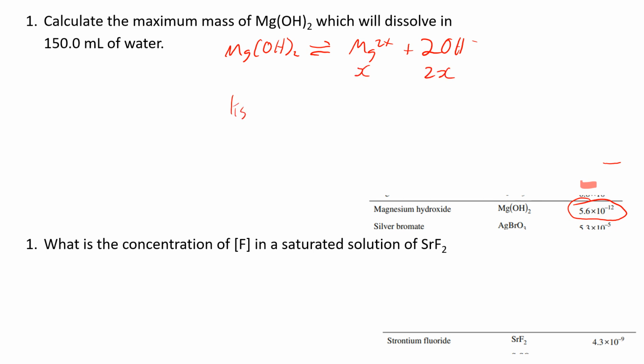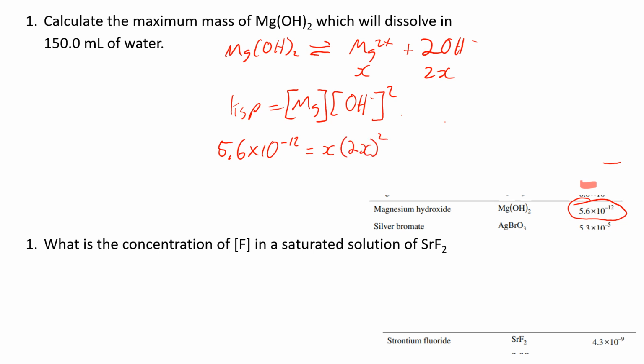That means the Ksp of this will equal magnesium times hydroxide squared, or in other words, 5.6 times 10 to the minus 12 equals X times (2X) squared. Instead of X times (2X) squared, we can write just 4X cubed.